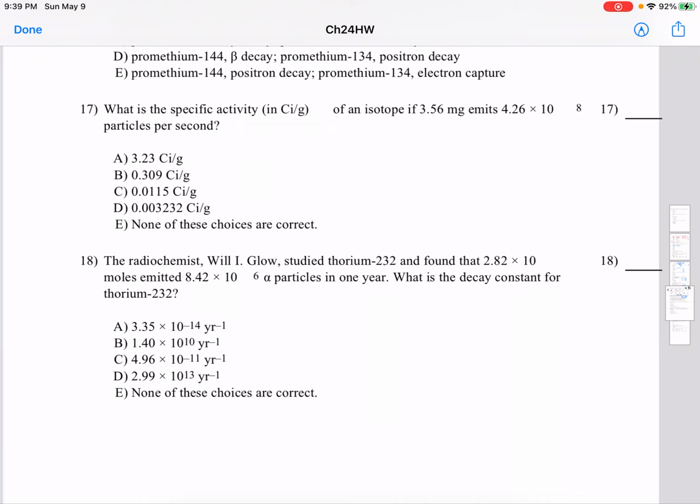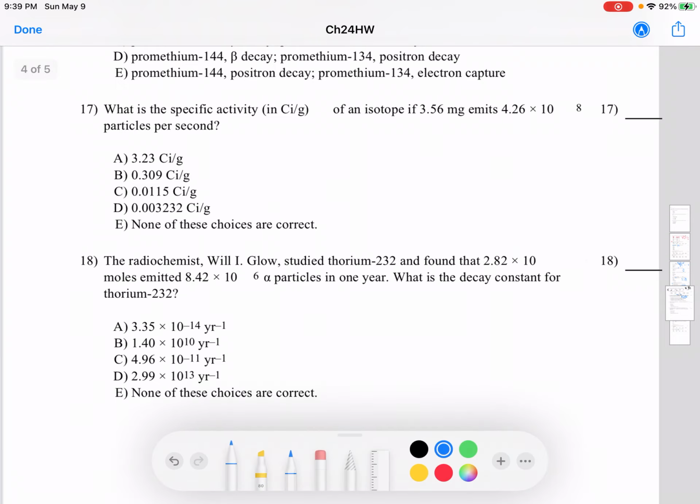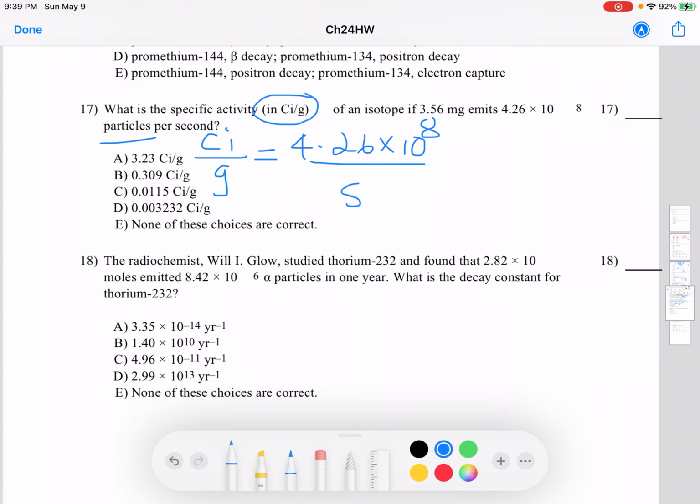So we want to find out the specific activity in this unit. At the end we want the unit Ci over g, and we are given that it emits 4.26 times 10 to the power 8 particles per second.